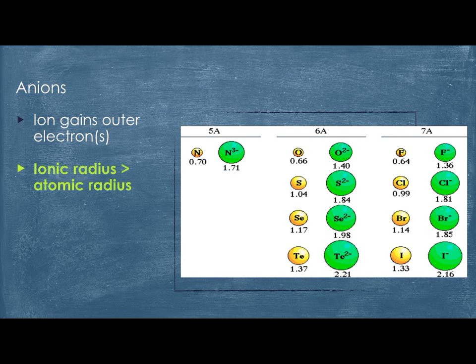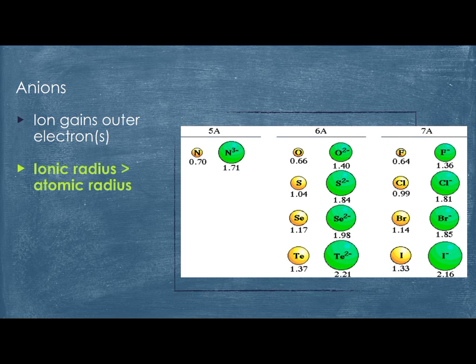All right, and so it's pretty much the exact opposite for the anion. For example, if we had a neutral chlorine atom, and we added an electron, it would have the -1 charge. If you look at the electron configuration, it would be neon in brackets, 3s2, 3p5, but since we added the electron, it would be Ne 3s2, 3p6, and because of that extra electron, it's going to get bigger.